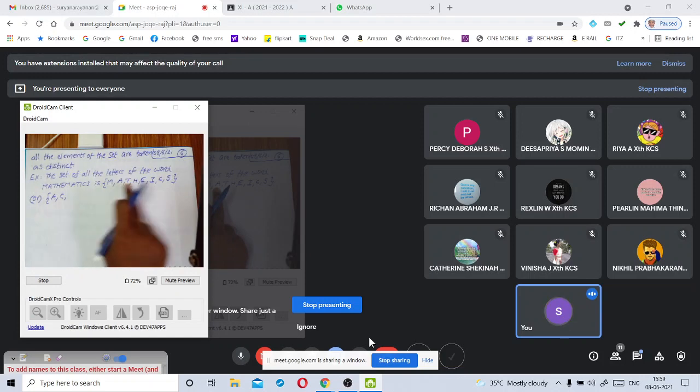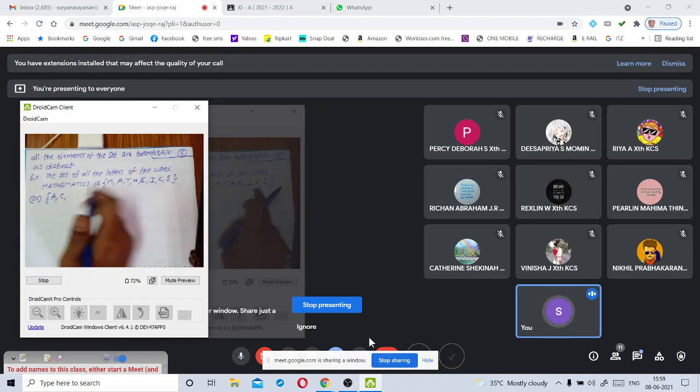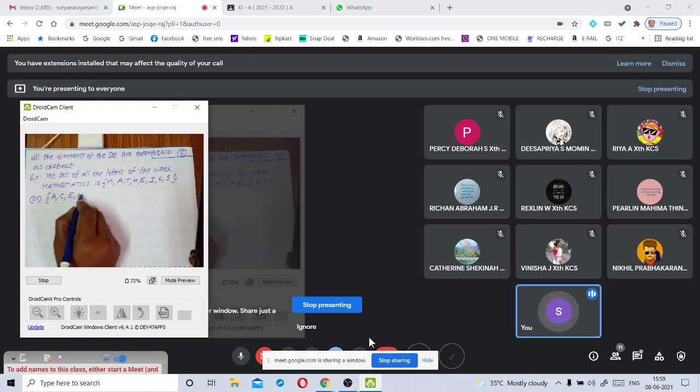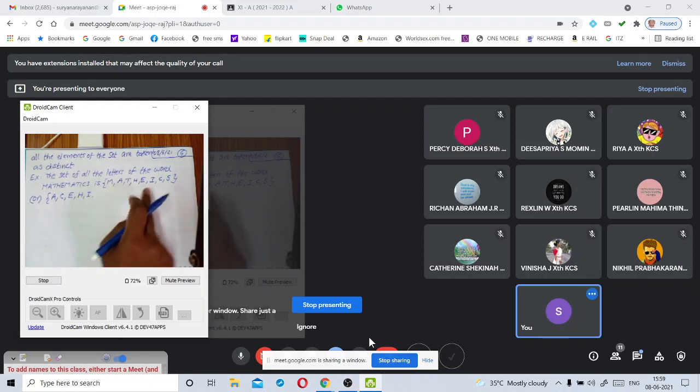A, C, next E, next H, next letter I, next letter M, S, T. 1, 2, 3, 4, 5, 6, 7, 8. I wrote the same 8 letters in alphabetical order.